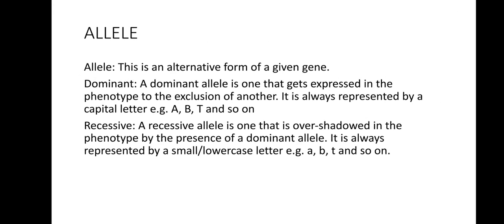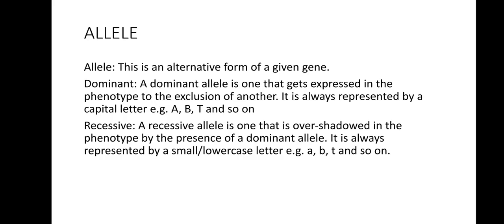Now, when we're talking about alleles, we've got dominant and recessive. A dominant allele is one that gets expressed in the phenotype to the exclusion of another. It is always represented by a capital letter. So a dominant allele has power, and it is expressed in the phenotype.